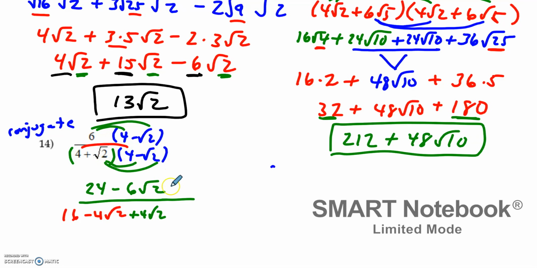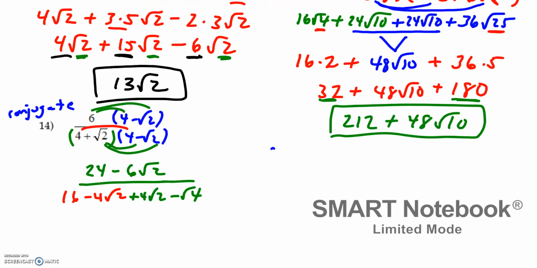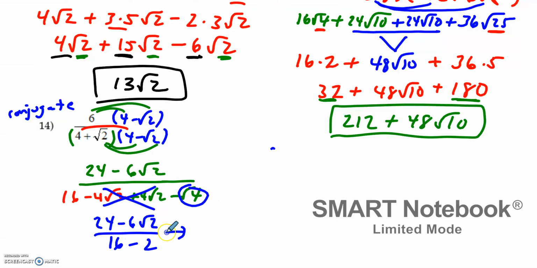Root 2 times negative root 2 is a negative root 4. And yes, I know that some of you might have already noticed that these can cancel out. You're absolutely right. That works every time when you have a conjugate. So these combine to be 0. So you have 24 minus 6 root 2 in the numerator. In the denominator, you have 16 minus 2, technically, which is 14, so 24 minus 6 root 2 over 14.